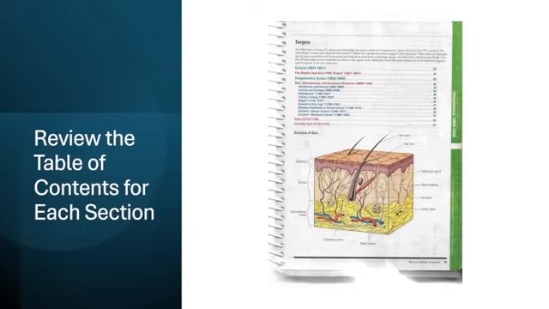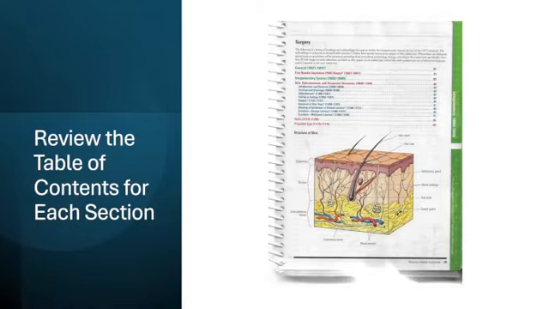First, go to the table of contents at the beginning of each of the sections. And in surgery, there's a table of contents in front of each of the subsections. So review the table of contents. Notice how it starts off and it gives you the subsections and it tells you what page you can find them on.